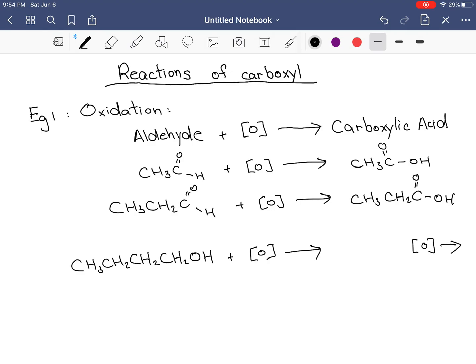What would you do? Now, this is actually a very simple question. We know for a fact that this is a primary alcohol. So when a primary alcohol goes through oxidation, you're going to get an aldehyde. So your answer would be this. When this goes through another oxidation, you're going to make a carboxylic acid, like this.